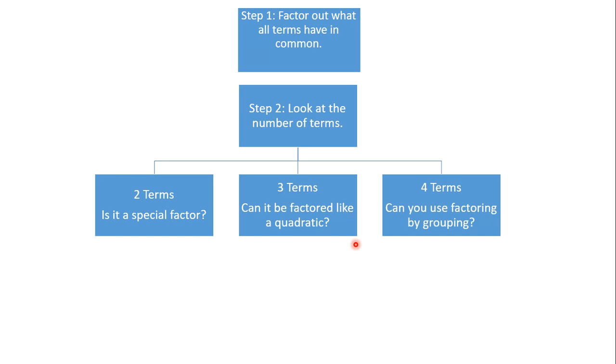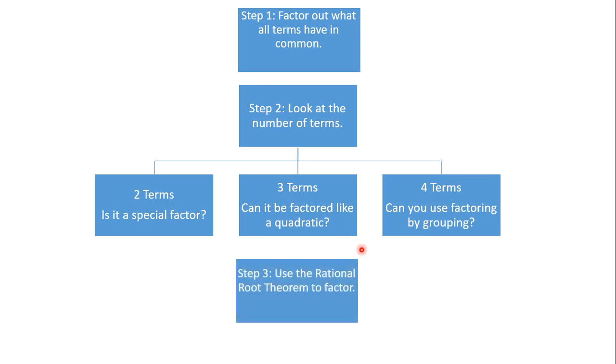If one of those was no, or if it had more than 4 terms, which is a possibility, we need to move on to step 3, which would be use the rational root theorem to help us factor it. And the rational root theorem is what we're going to learn next.